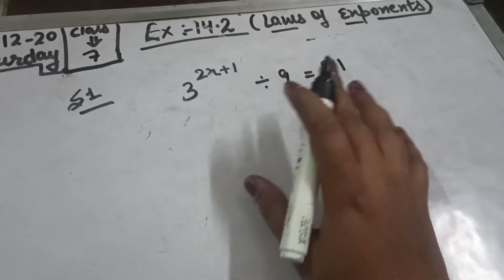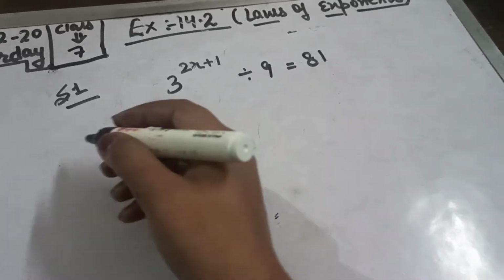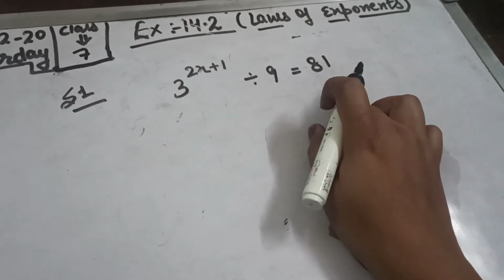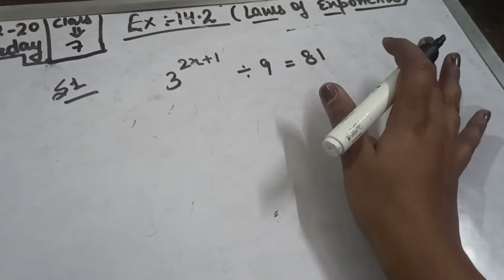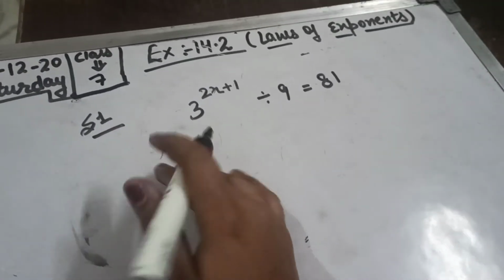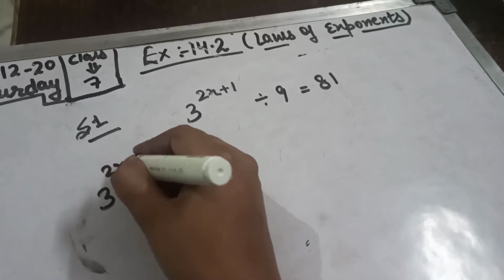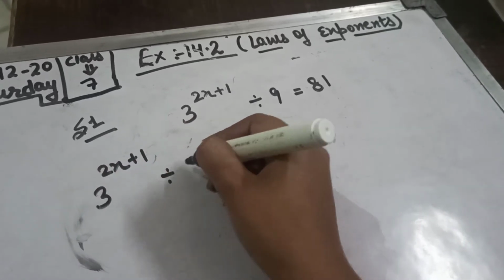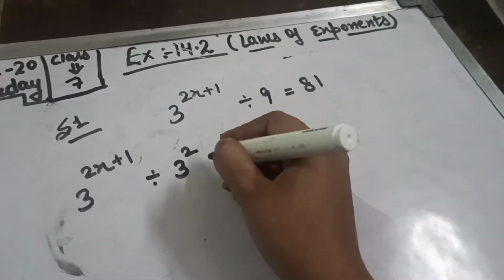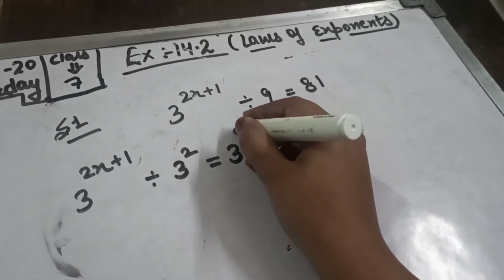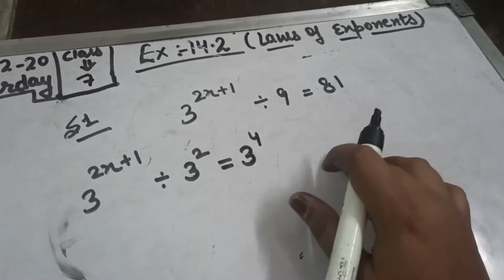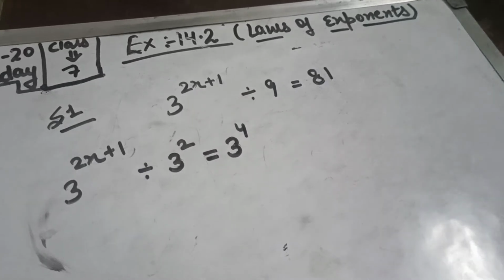Firstly, there are two ways of doing this. We will do it by the two methods. First one is to make all of them in the series where base is 3. 3 to the power 2x plus 1 divide by 3 to the power 2, 3 3s are 9, equals to 3 to the power 4. We can write 81 as 3 3s are 9, 9 3s are 27, 27 3s are 81.